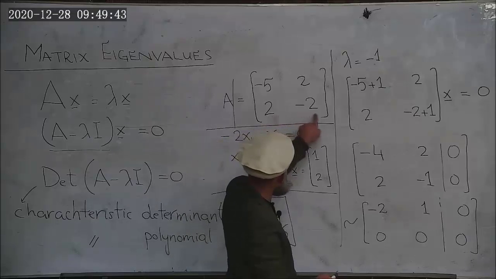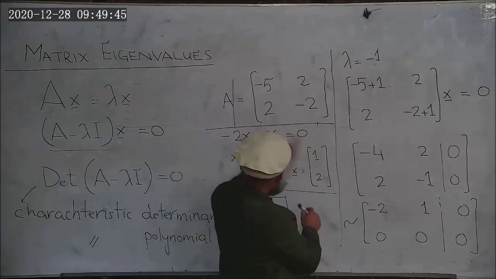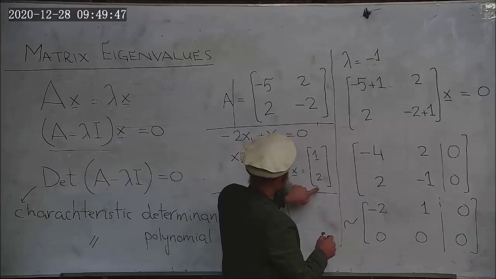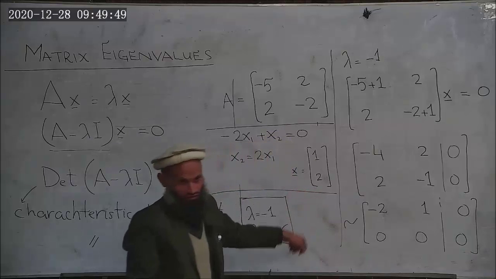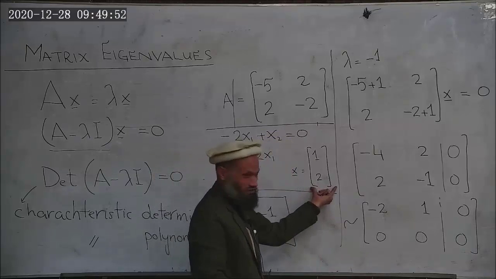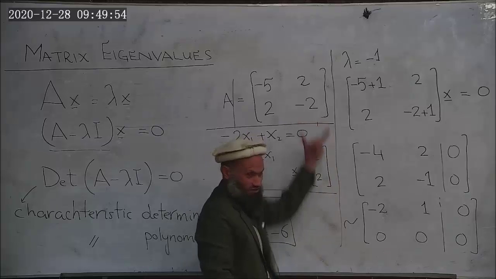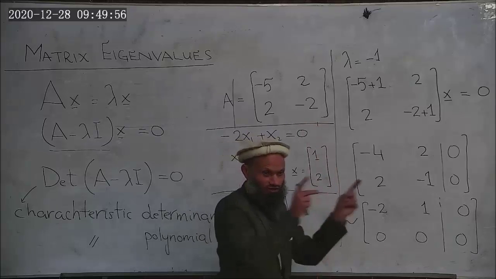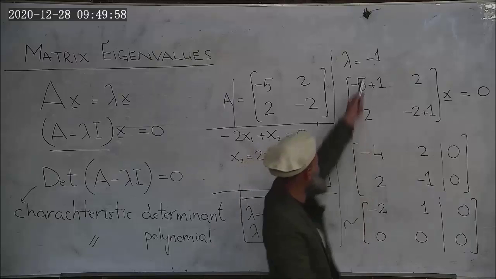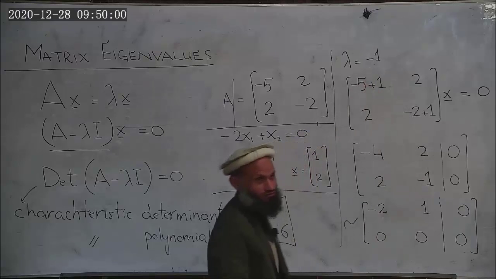And what is the second entry? 2 minus 4 is -2. That is, if we multiply this vector by this matrix, there is a scaling, and that scaling factor is equal to -1.